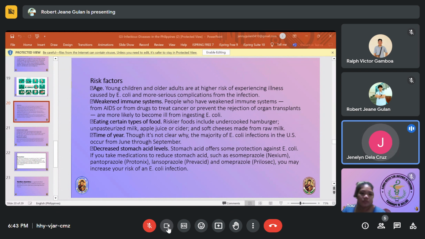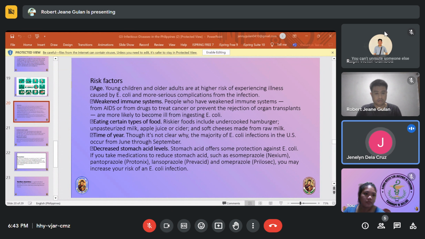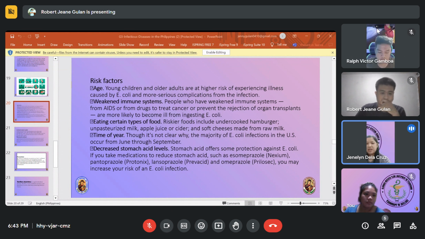So, common yung mga bata at saka mga adults natin. Kasi mahina pa yung mga tiyan nila, madali lang silang mapasukan ng mga infections. Weakened immune system, so yung mga may hina immune system. People who have weakened immune systems from AIDS or from drugs to treat cancer or prevent the rejection of organ transplant are more likely to become ill from ingesting E. coli.